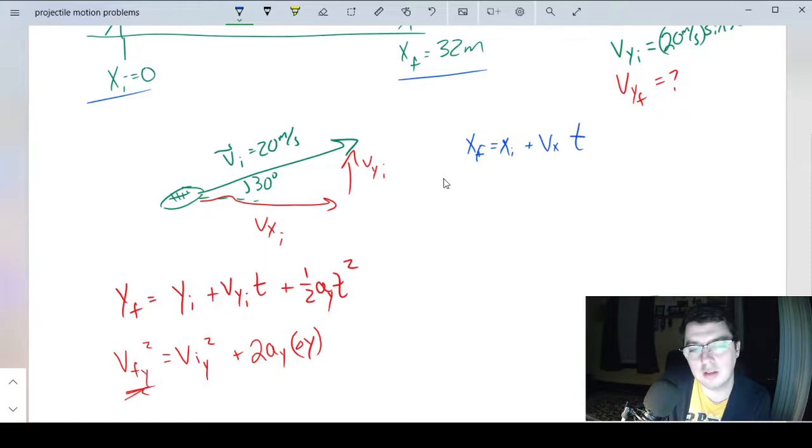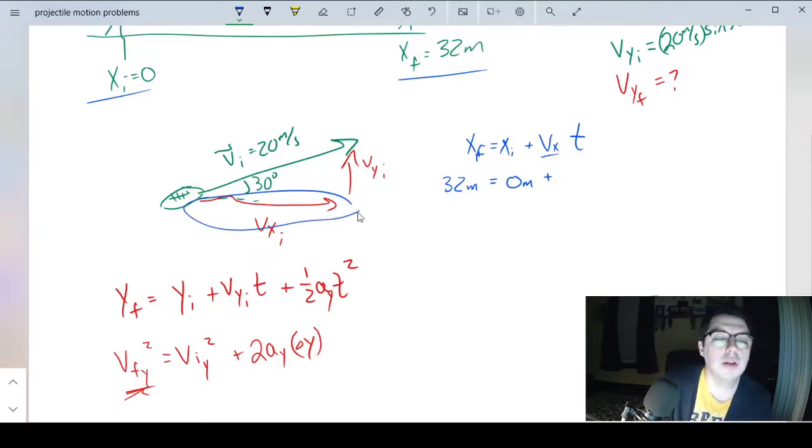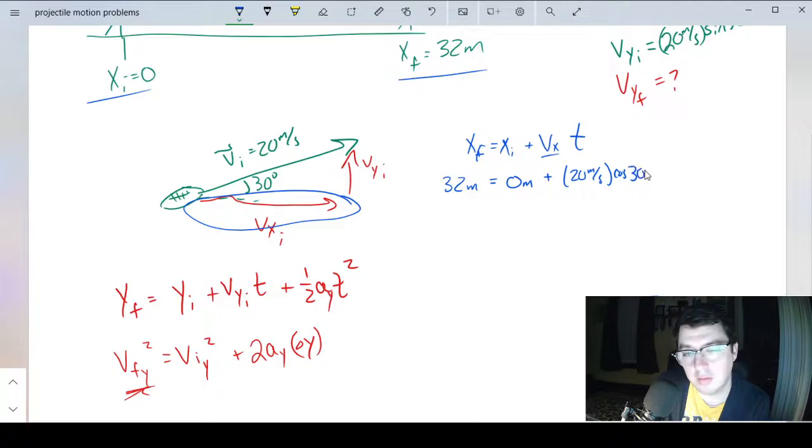Our x final is 32 meters. Our x initial, we'll say we start at 0. And now we've got vx, which is the x component of our initial velocity. So for that, I'm going to say 20 meters per second times cosine of 30 degrees, all that times t, right?